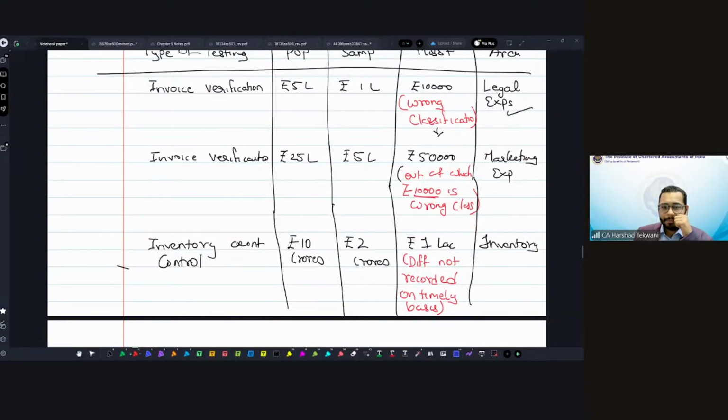It may be done purposely to hide the fact of an ongoing litigation, which may have an impact on the going concern of the company as well. Depending on the case, this will require further investigation, sir. Because not just the amount, but the area which is involved. Okay.